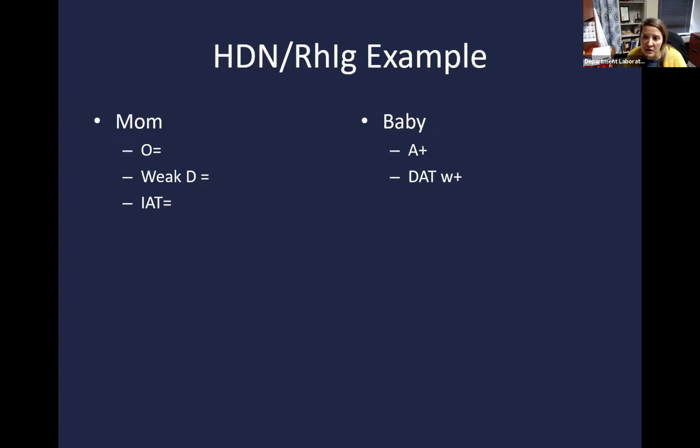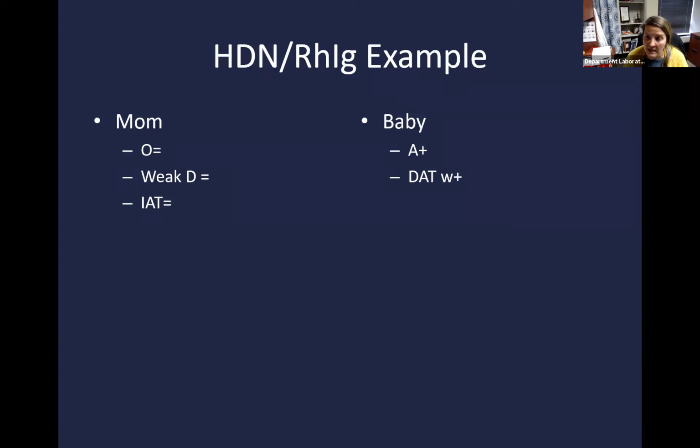So remember, the concern for these type O moms, they have anti-A,B that is of the IgG classification and can cross the placenta. And then sometimes, even low titer amounts, you might even have anti-A or anti-B cross the placenta as well, all right? So that's what causes the ABO hemolytic disease of the newborn.